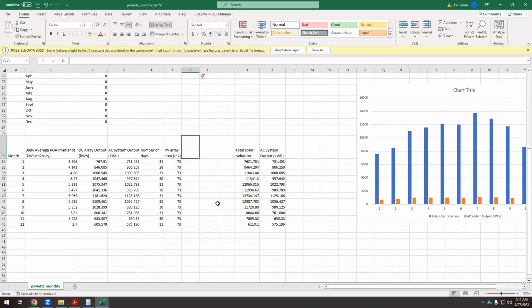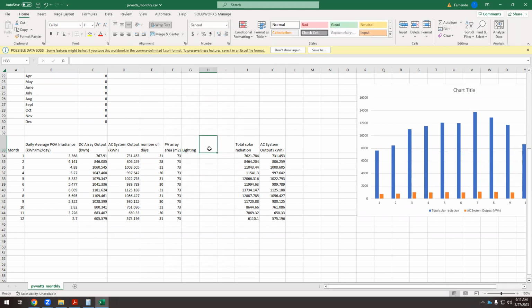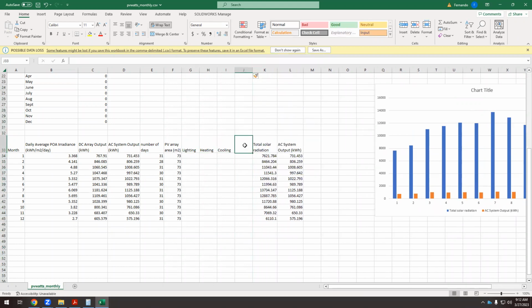So let's try lighting, heating and cooling. Okay. So here we have the lighting, the heating, the cooling, and I can insert another one. So this is the total electricity consumption.